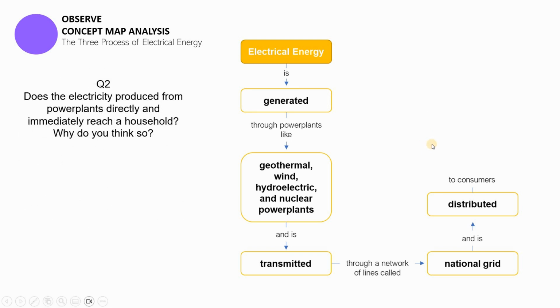Does the electricity produced from power plants directly and immediately reach a household? Why do you think so? Pause this video if you need more time. Are you done? Let us now proceed to the last question for this activity.